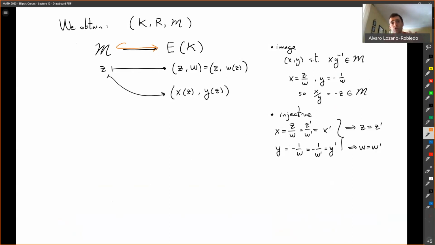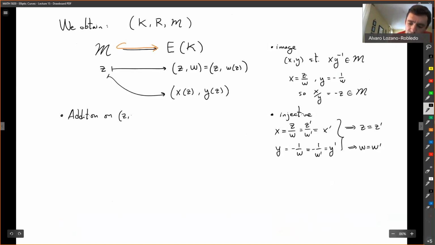I can actually also do addition on the ZW plane, okay? And the reason I want to do that is because I want to translate the addition on the right-hand side. So if I have a point such that X times Y inverse is in the maximal ideal, I can retrieve a Z value that gives me that.